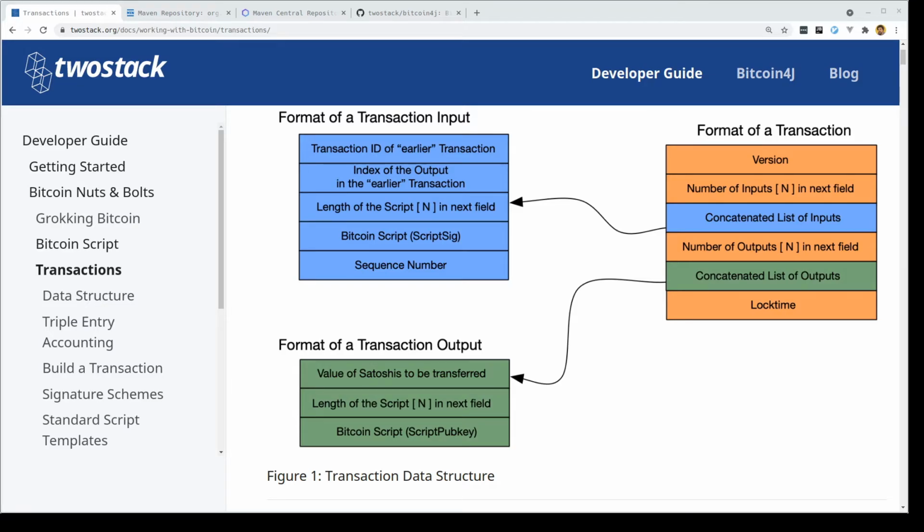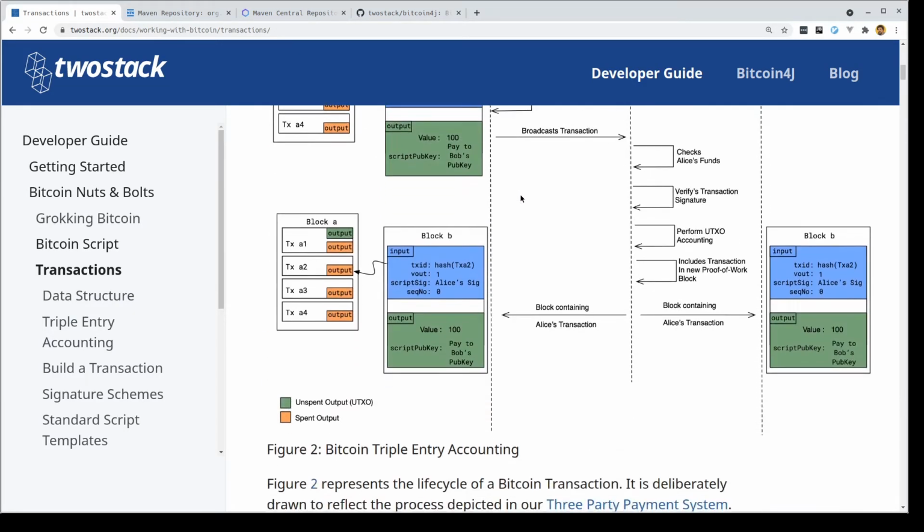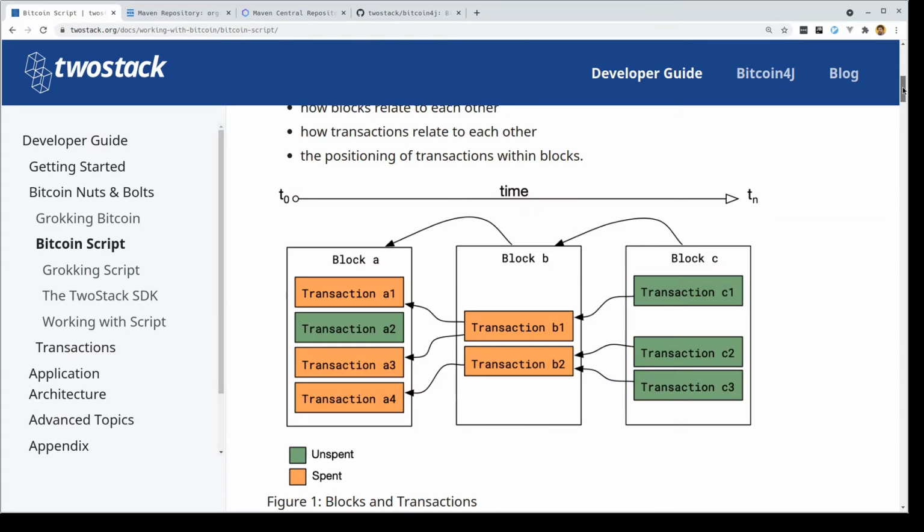The first data structure that we're working with is the one where we are spending the coins from. Let me see if I have a graphic that shows that. Here we go. We can think of this as us now having two transactions.